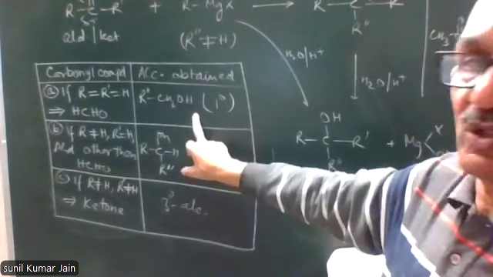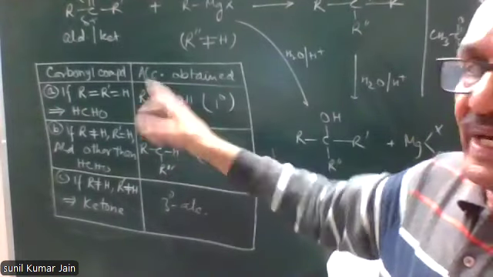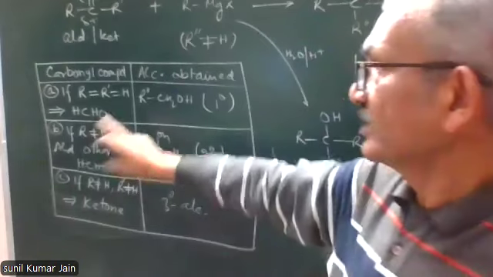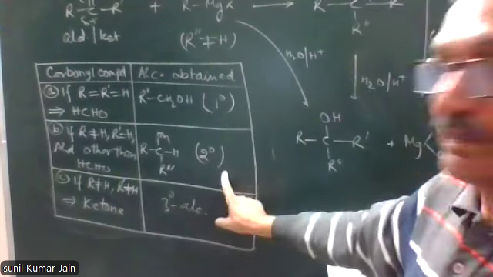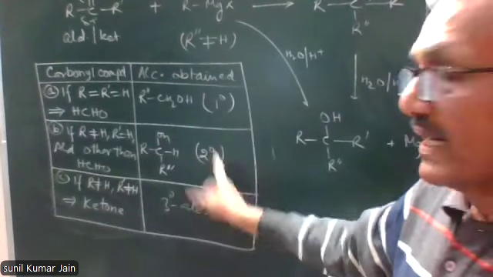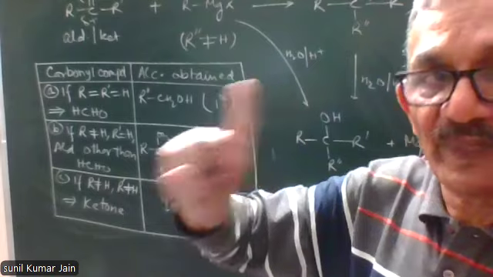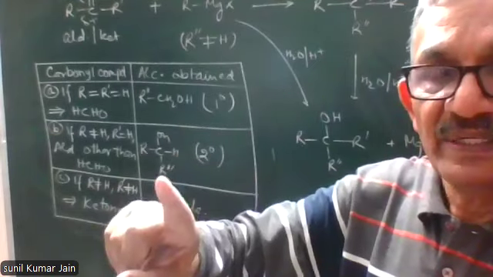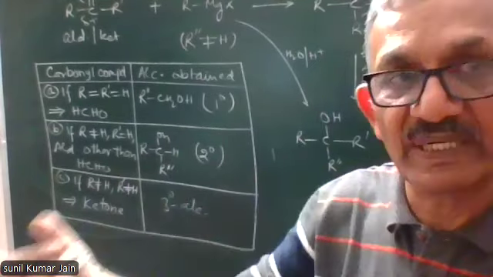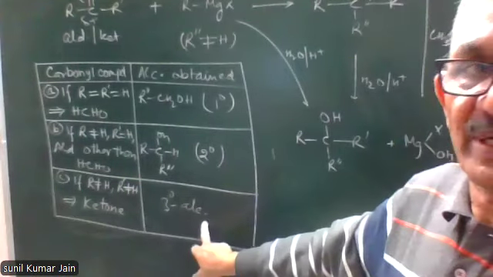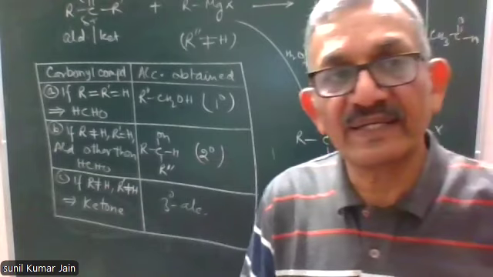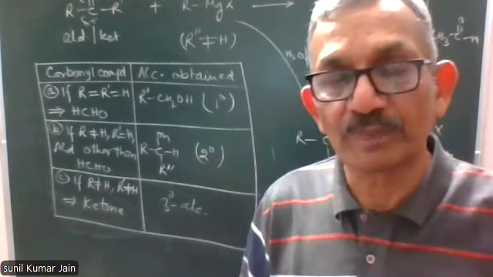If I want to prepare a primary alcohol, I will react a Grignard reagent with formaldehyde, HCHO. If I want to prepare a secondary alcohol, I'll have to react a Grignard reagent with an aldehyde which should not be formaldehyde, some other aldehyde. If I want to prepare a tertiary alcohol, then the Grignard reagent will have to be reacted with a ketone.